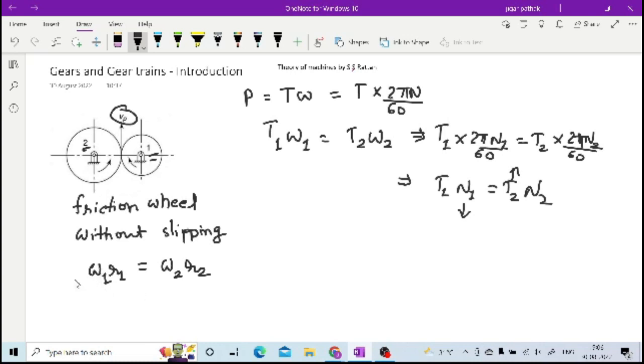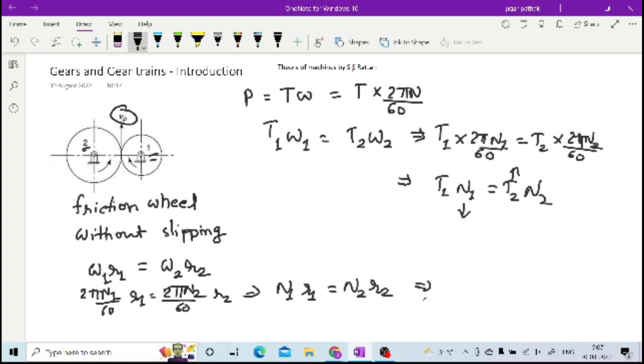Further simplifying, 2 pi N1 by 60 into r1 equals 2 pi N2 by 60 into r2, which gives N1 into r1 equals N2 into r2.